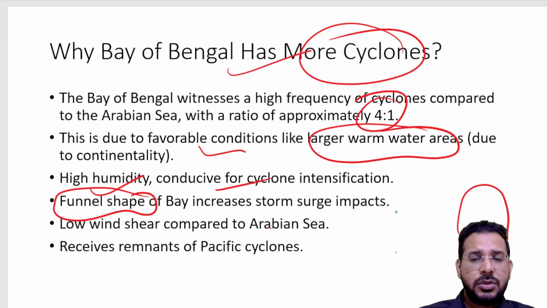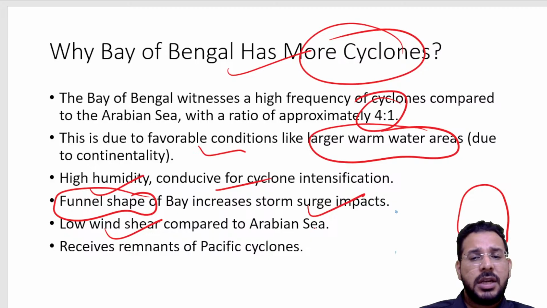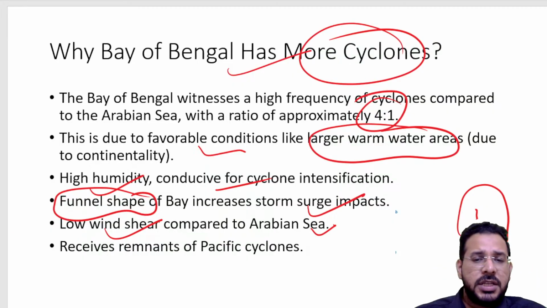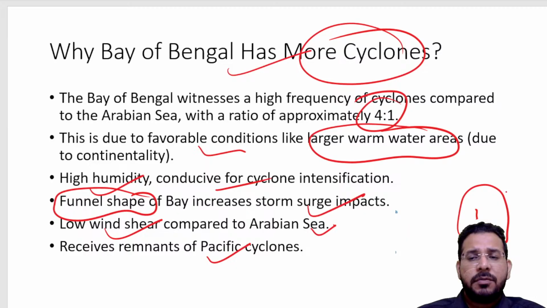Because of the shape also, there are more storm surges, and wind shear is low compared to the Arabian Sea. Because wind shear is low, cyclone formation is more. And also, the Bay of Bengal receives some remnants of low pressure systems and cyclones of the Pacific Ocean.